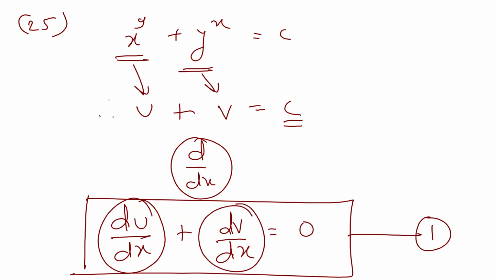Now if we are supposed to calculate du by dx, our starting point should be u. So I'll start with u. u is equal to x raised to y. Now we have to find out du by dx. Differentiating with respect to x on both sides.